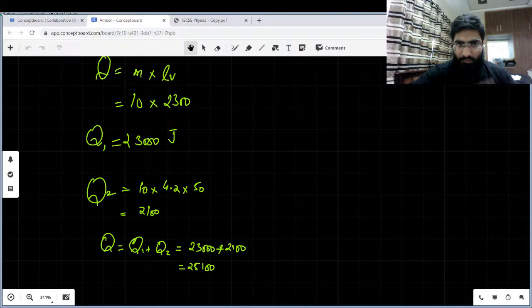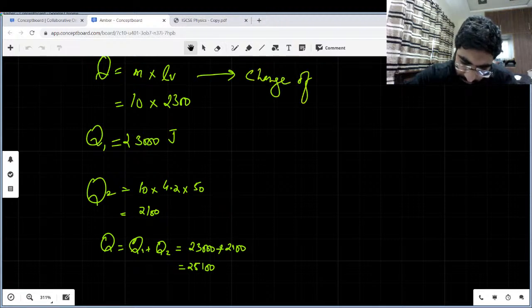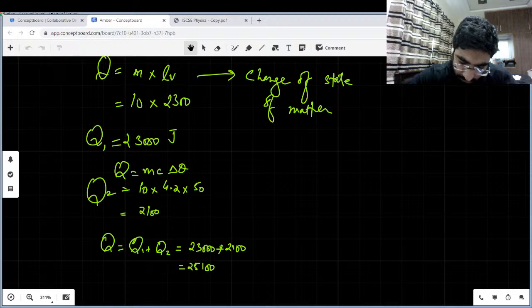If it is just change of state of matter, then we'll use this one, as we discussed before. If it is just temperature rise, then we will use Q is equal to mc delta theta, for change of temperature.